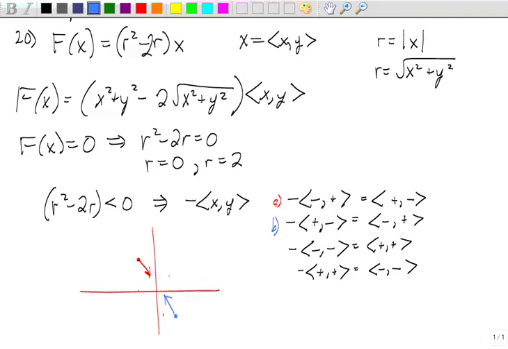It's going to point up. When you're in quadrant 3, where x and y are both negative, your vector is positive, positive. And when you're positive, positive, you're in quadrant 1, then your vector is negative, negative. It's going to point down. So in all these cases, the vector points towards the origin.